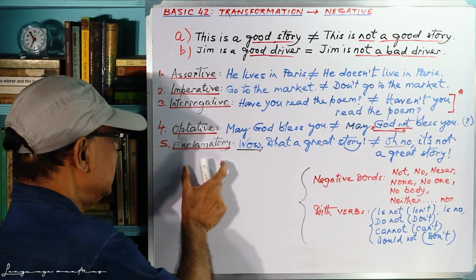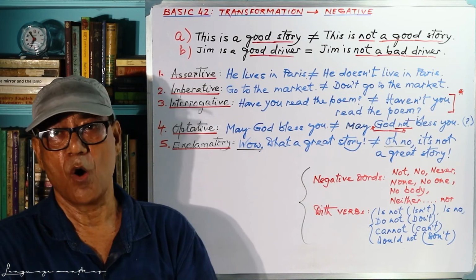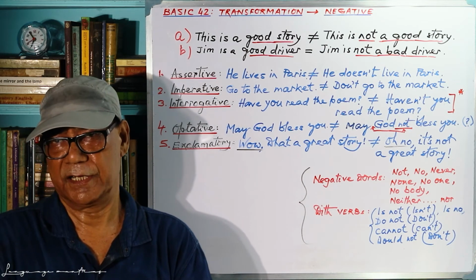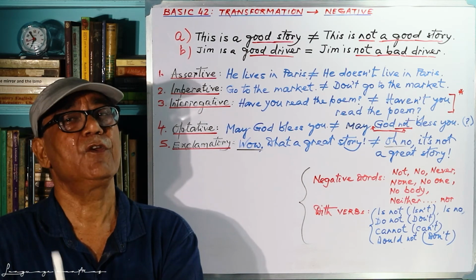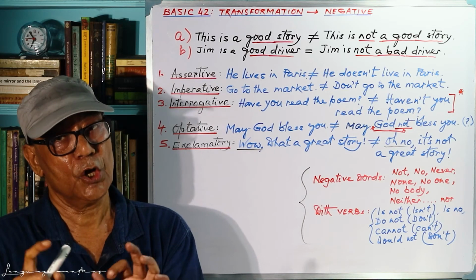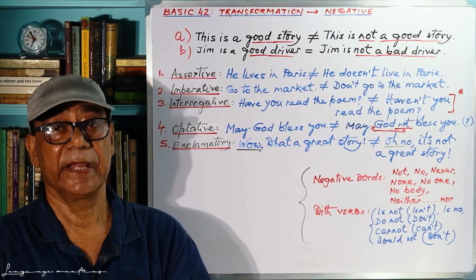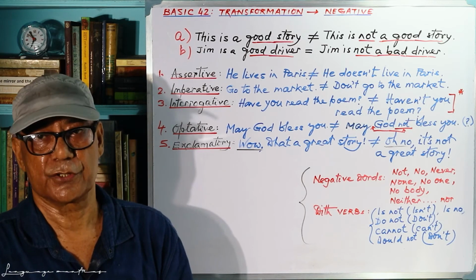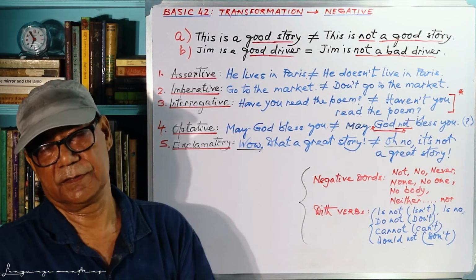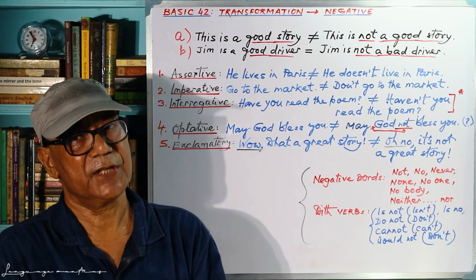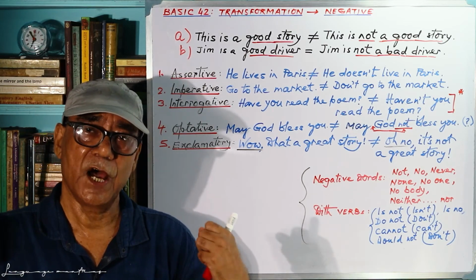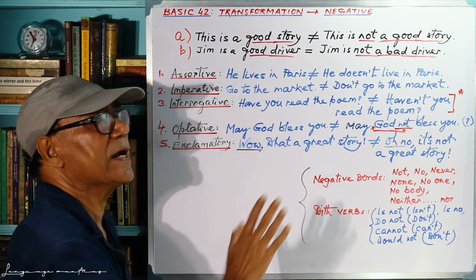Finally, exclamatory sentence. Wow, what a great story. Very difficult to make it negative, because if you want to make it negative, in addition to not, you have to bring in other words also. And one thing, here there is no verb. Normally, in some sentences, we don't use the verb part, and without the verb part, the sentence is quite clear.